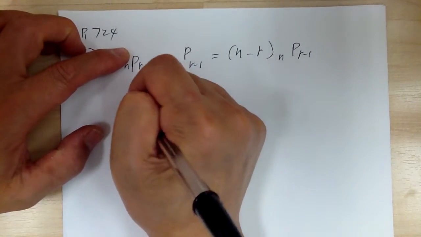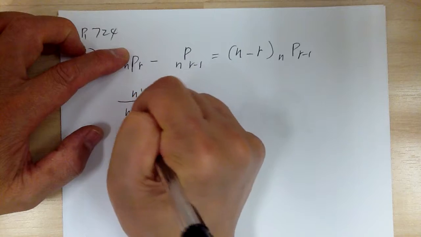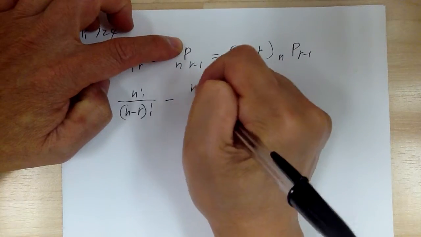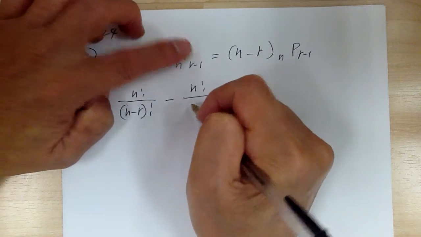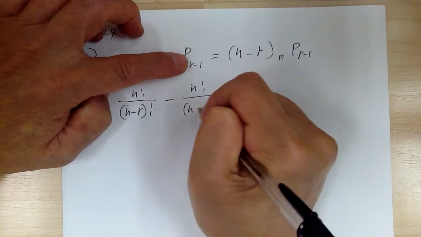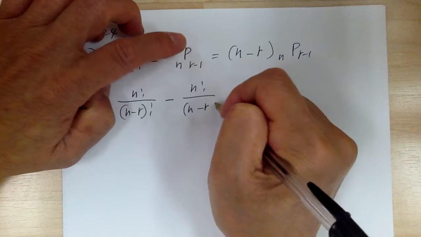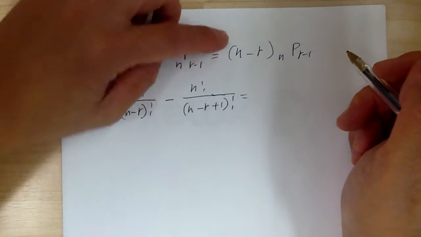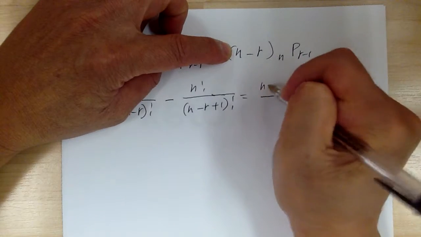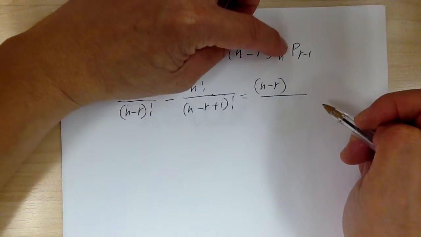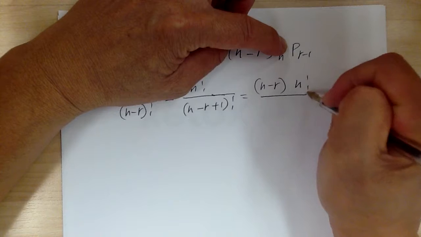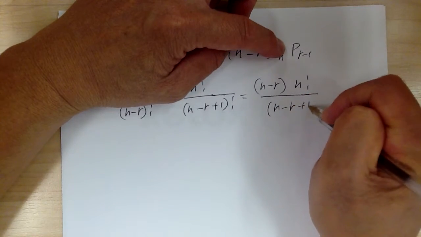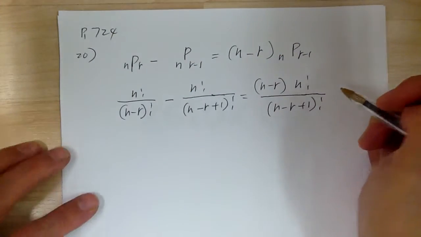So this one is going to be N factorial over (N minus R) factorial. This one over here is going to be N factorial over the difference, which would be N minus R minus negative 1, becomes plus 1, factorial. This side is going to be N minus R times N factorial over (N minus R plus 1) factorial.